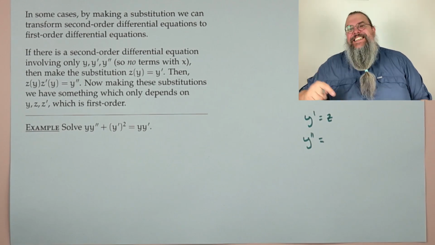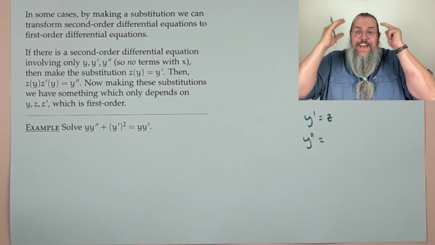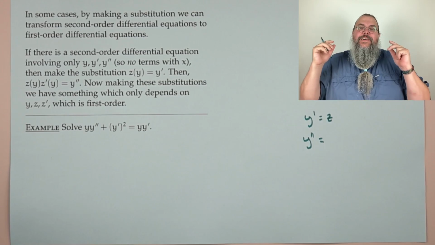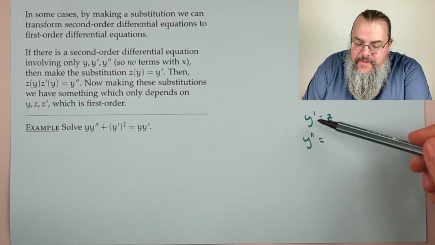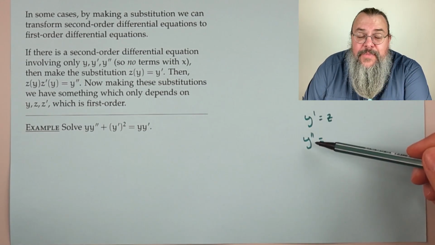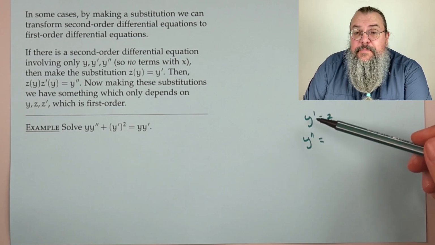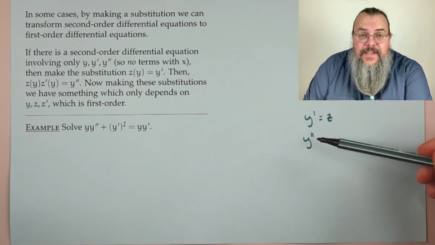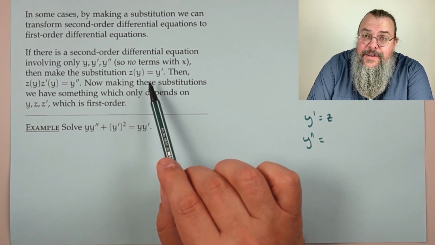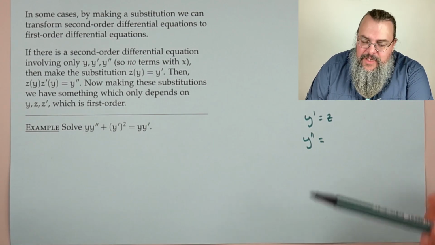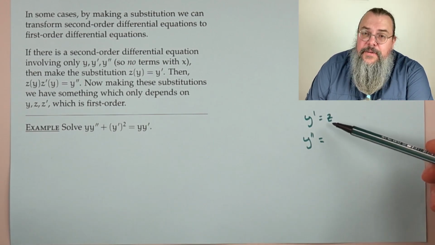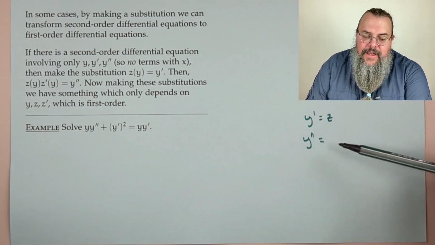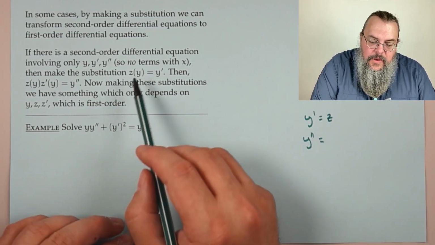No. So this is where it gets weird, and you have to be careful here. When we talk about this derivative, y prime to y double prime, we were talking about a derivative with respect to x. See how z is a function of y? So when I take a derivative here, I have to take a derivative of z with respect to x. So by the chain rule, what would you do?